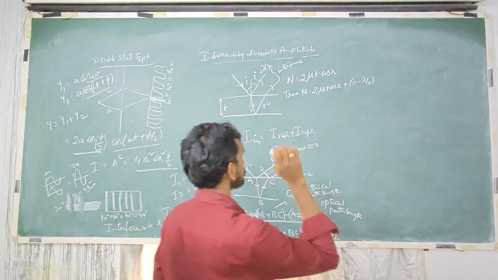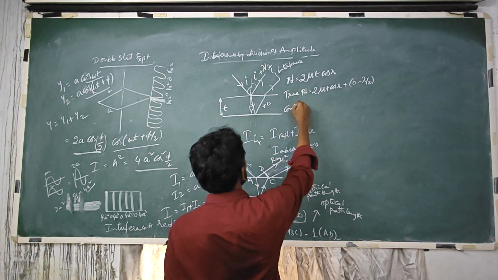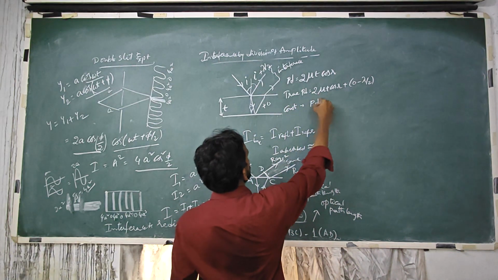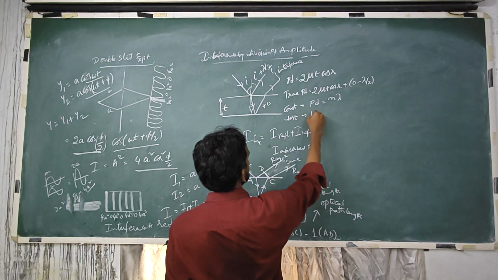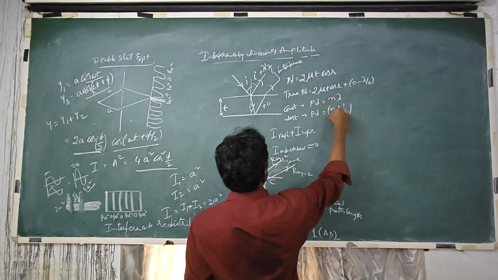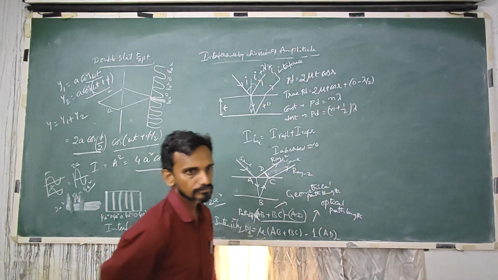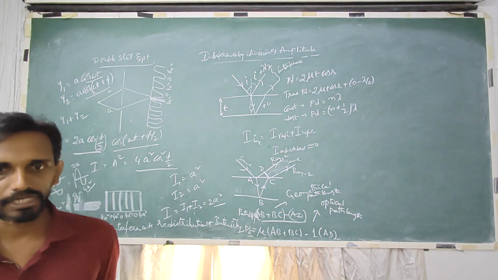That is the true path difference. Now the condition for constructive interference is path difference equal to n lambda, and the destructive interference condition is path difference equal to n plus half lambda, that is, n lambda plus lambda by 2.